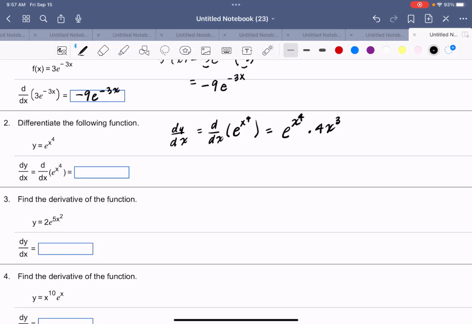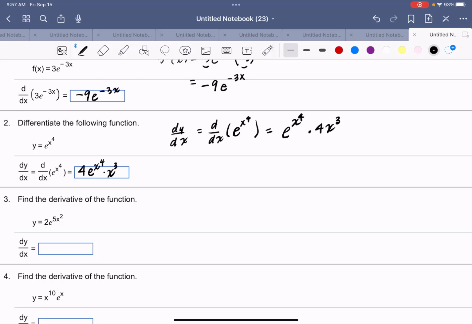Now you can simplify this by putting the 4 in the front, e to the x to the 4th times x to the 3rd. And it does not matter the order of those factors. So the final answer for the derivative of y equals e to the x to the 4th is 4e to the x to the 4th times x cubed.